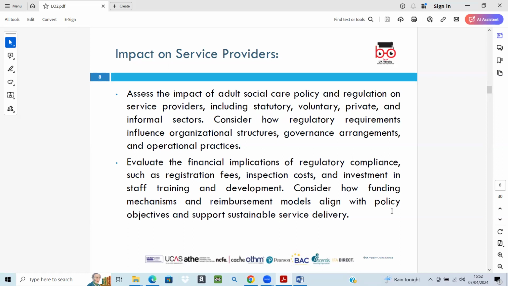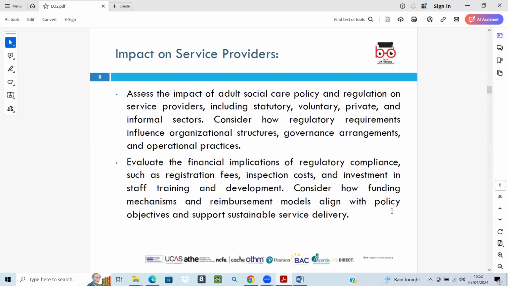This is about it. What we have next is they're asking us for the impact on organizational structure and practices. Regulatory requirements can influence the way organizations are structured and how they operate.